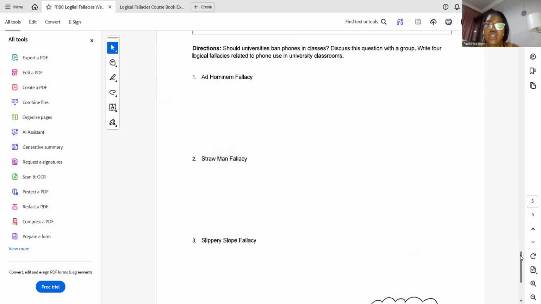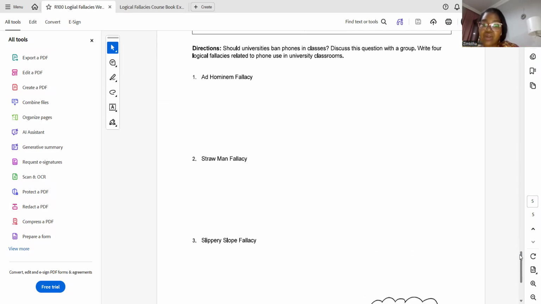I want you to write a logical fallacy that represents this. So the question is, should universities ban phones in classes? Discuss this question with a group. Write four logical fallacies related to phones used in the university classroom. Obviously, you're not in groups right now, so you have to do this alone.